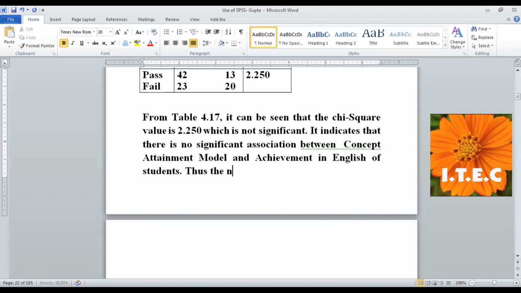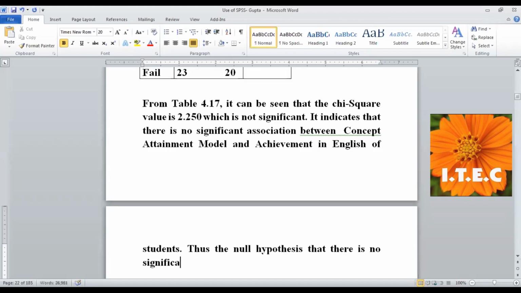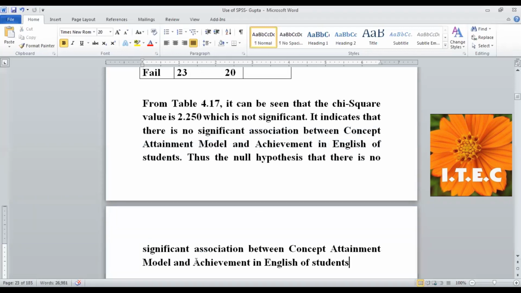Thus, the null hypothesis that there is no significant association between the concept attainment model and achievement in English of students is not rejected.